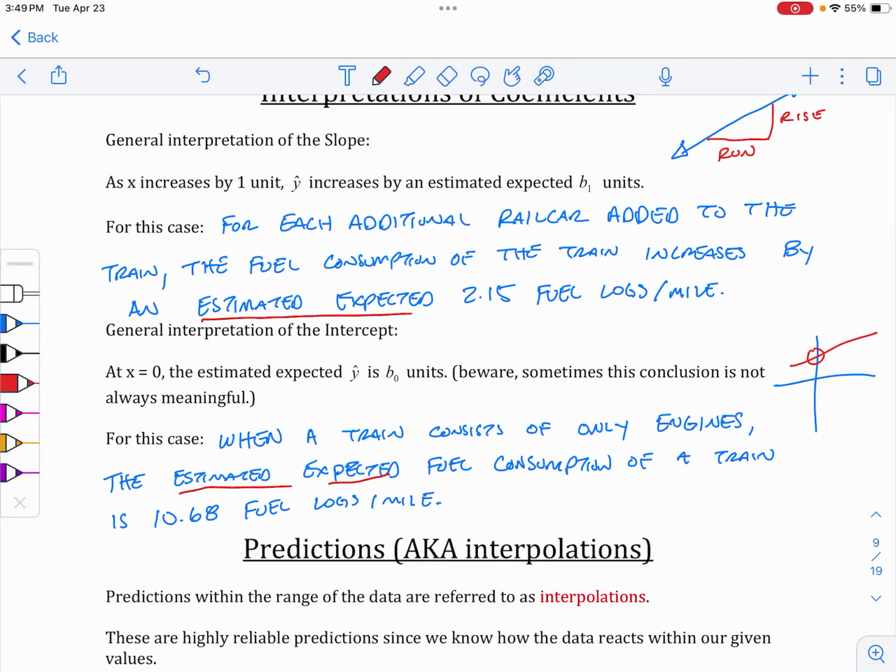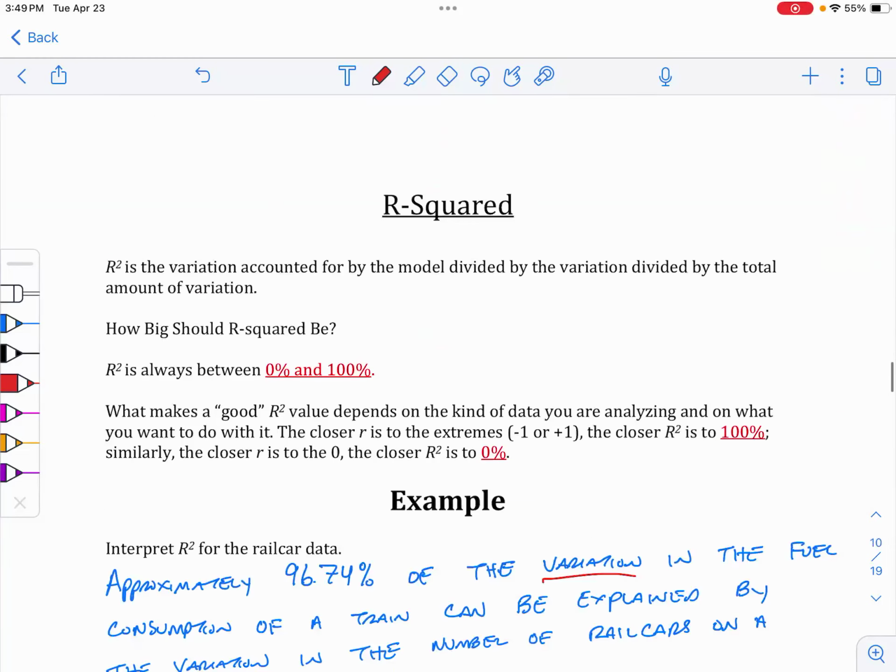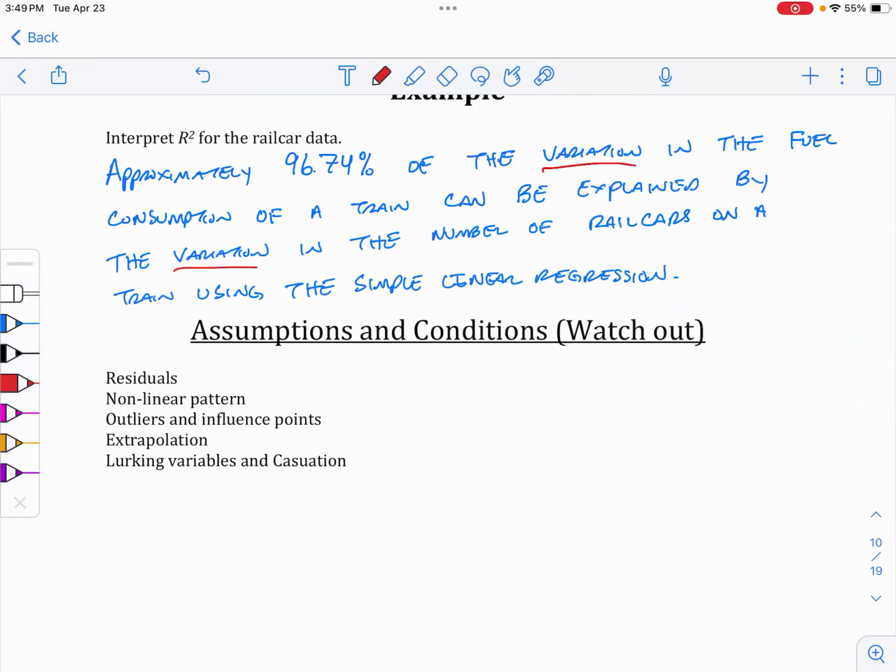We need to make sure that we have those words when we interpret the slope and the intercept, and we need the words variation or variability or variance, a V word, in the interpretation for R squared. Because it has to represent center and spread. Estimated, expected, that means it's an average. Variation, that means it's a spread.